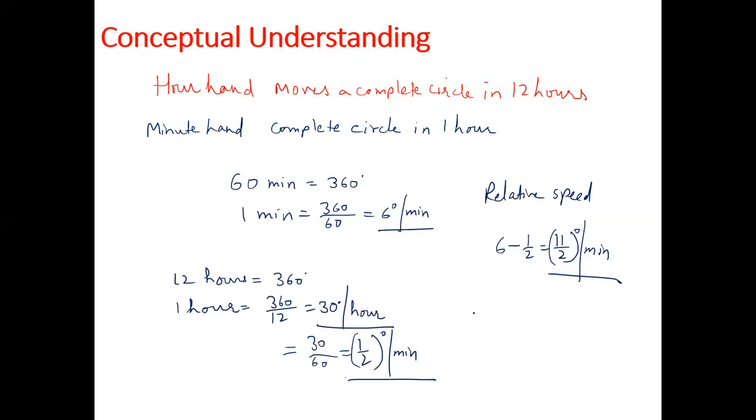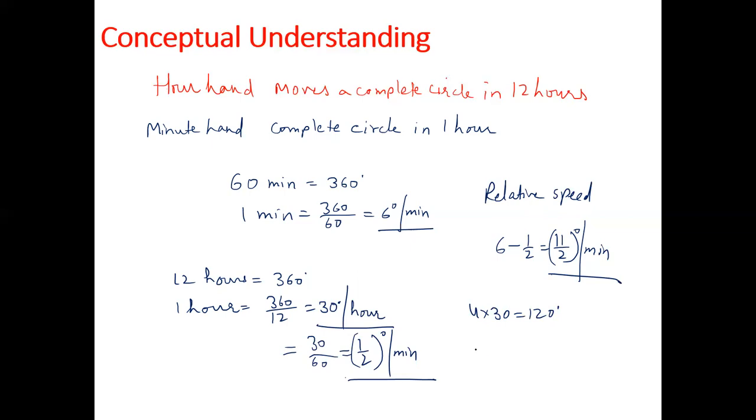In each hour it covers 30 degrees. That is, in 4 hours it will cover 4 into 30, that is 120 degrees. So whenever we have 4 o'clock in the clock, the angle is 120 degrees. And now the minute hand has to chase this hour hand with a speed of 11 by 2 degrees per minute, because it will move by relative speed.